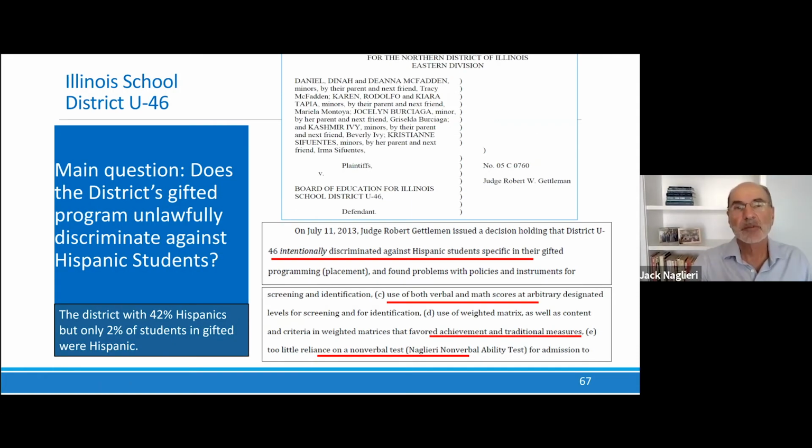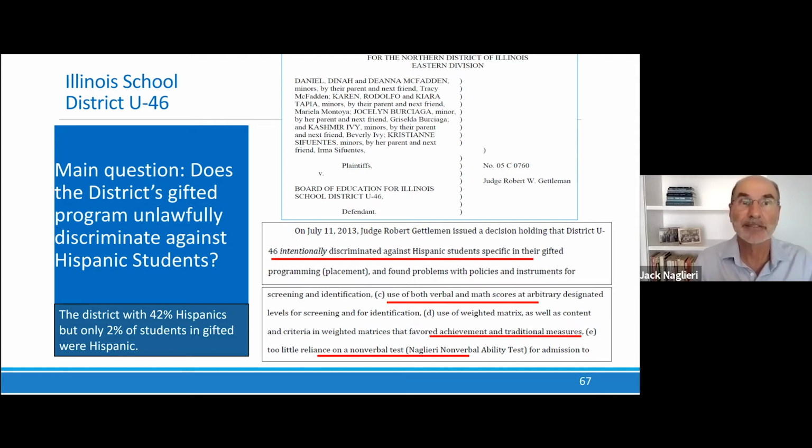And you may not know this, but there's a really interesting court case having to do with gifted kids, in a district, and actually it was U46 in Elgin, Illinois, a district where 42% of the district population was Hispanic, but only 2% of the kids in gifted were Hispanic.